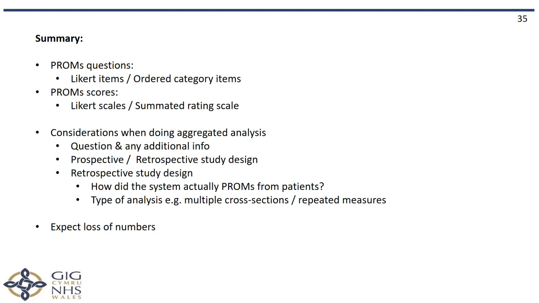Data from prospective studies are usually easier to analyse, because the data was collected in a specific way to answer our specific question. But data from a retrospective study will need more work, because the decisions on collecting the data would have been made before the research question might have been thought of. And this is usually the most common type of analysis that we'll do with PROMs.